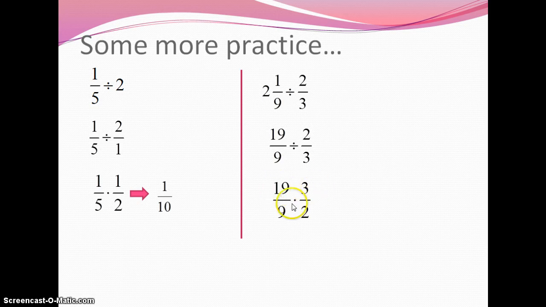Go ahead and multiply. If you would like to cross cancel here, you're more than welcome to. If you're confused by that, just go ahead and multiply the numerator, then multiply the denominator. When you do that, you should get 57 over 18. And that does reduce to 19 over 6. That is your final answer.